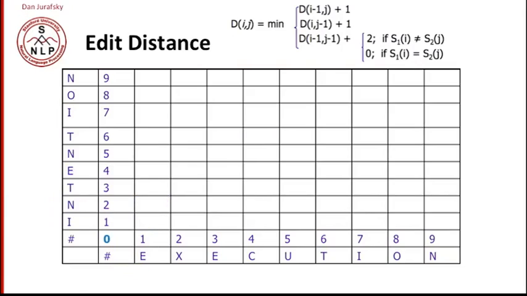So again, we have 3 here. So we have a 2, and we have a 3. And if we continue along in this manner, again, in each case looking at the 3 previous cells and using this equation over here, we'll slowly fill in the table, and so on.